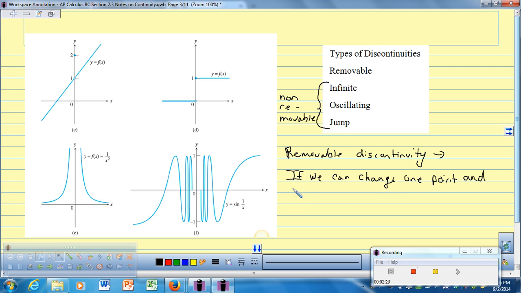So if we can change one point and the function would then be continuous, then that discontinuity is called removable.